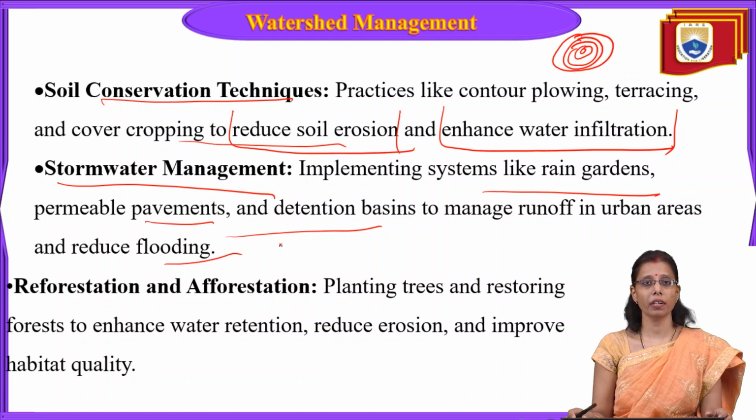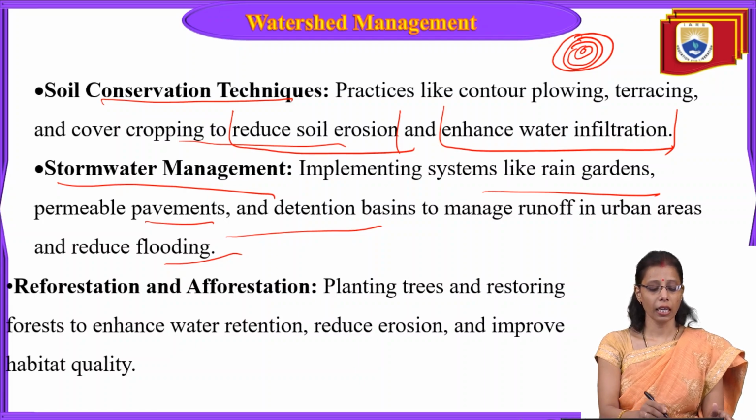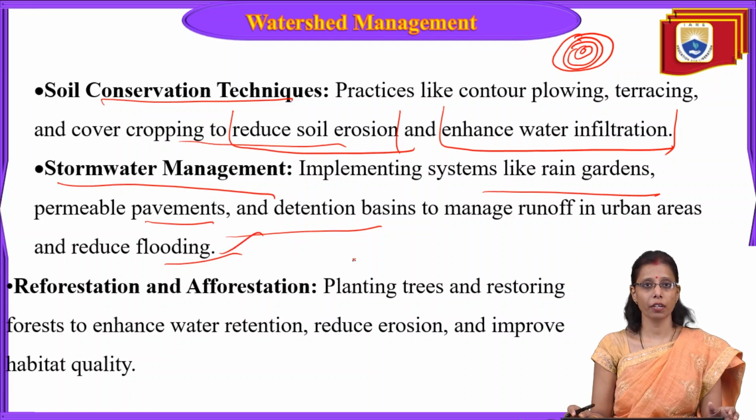Permeable pavement means the footpaths and roads are laid as a permeable layer where the water may seep into the ground instead of flowing on the surface or overflowing in the region. And detention basins manage the runoff in urban areas and help us reduce the flooding.